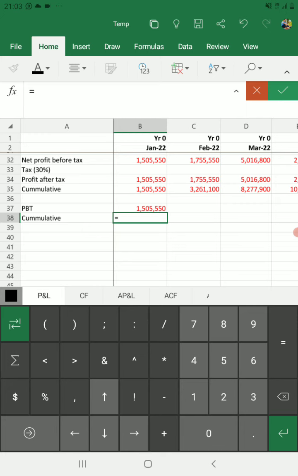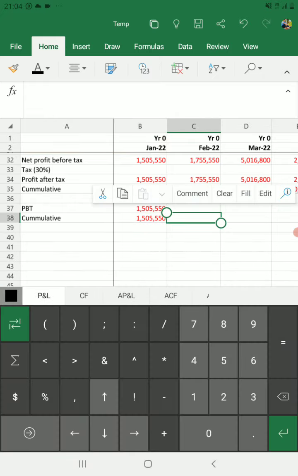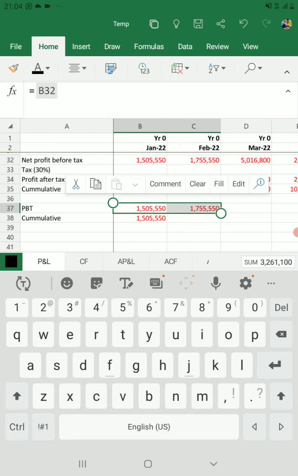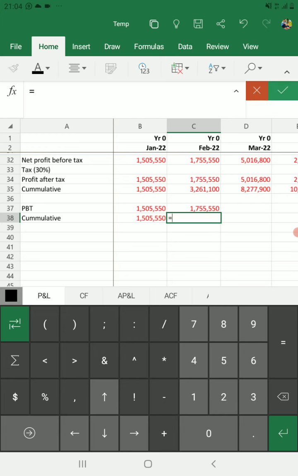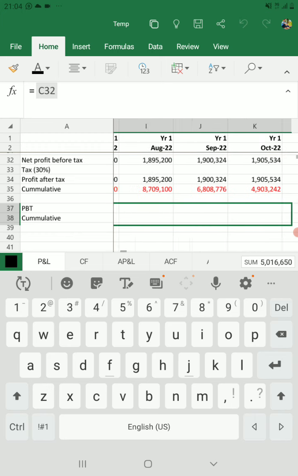For the first month, it's just this one, and let me take this, tap this to fill it in the next month here, because it is the same. But for cumulative, now it is previous month plus current month. This is the cumulative figure. Press enter, and then I can copy this and fill this throughout the projected period.